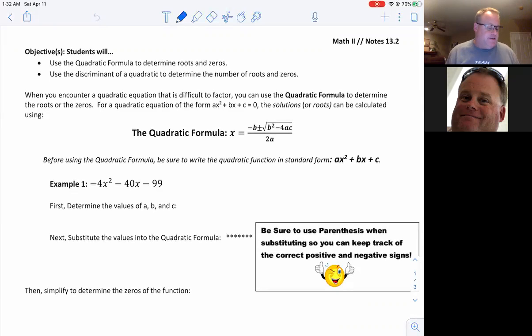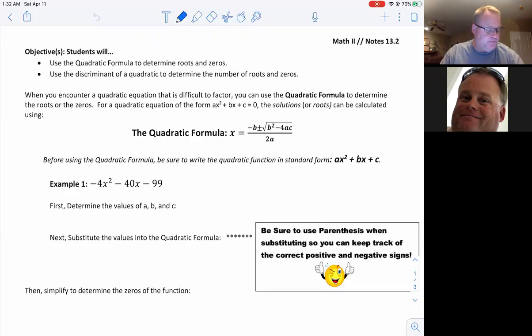And here's the thing: you can use the quadratic formula for any quadratic equation, at any time. It's actually sometimes easier than factoring. It's a lot of work, but if you struggle with factoring, you can always use the quadratic formula.